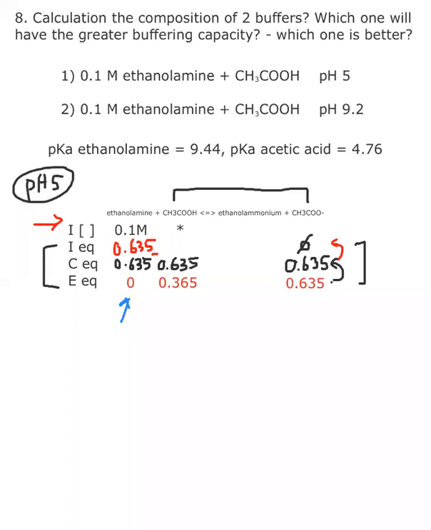And for acetic acid, between the change line and the equilibrium line here, you can also work backward and get the initial equivalence of acetic acid as 1, right? So 1 minus 0.635, that's why you have the equivalence of acetic acid at equilibrium equal to 0.365.